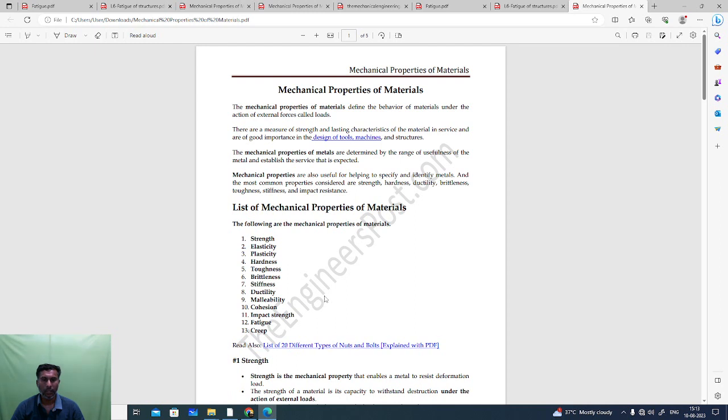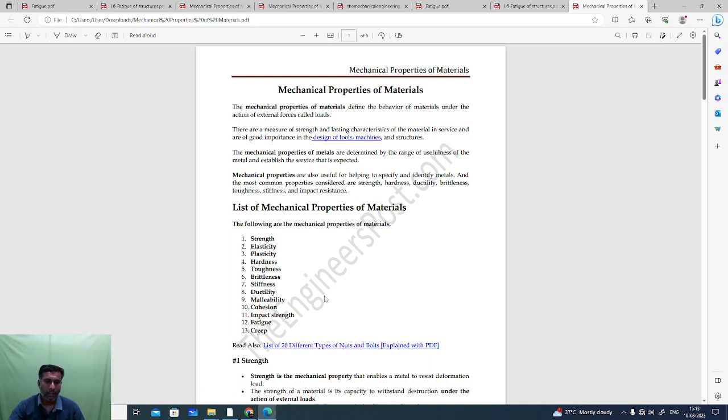The following are the mechanical properties of the materials: strength, elasticity, plasticity, hardness, toughness, brittleness, stiffness, ductility, malleability, cohesion, impact strength, fatigue, and creep. We will discuss fatigue in depth after completing the basics of the properties of the materials.